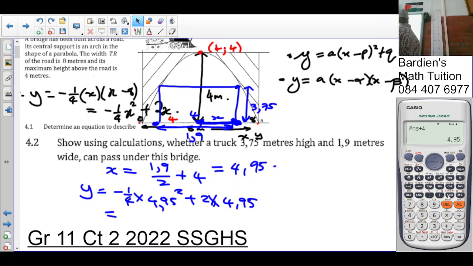So you say a quarter times that answer squared, the last answer calculated, plus 2 times the answer. Give me an answer. That's not right. It's 3.77.